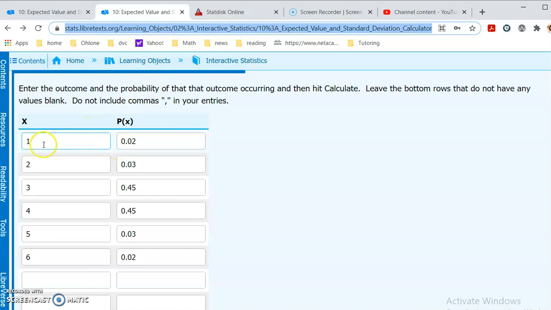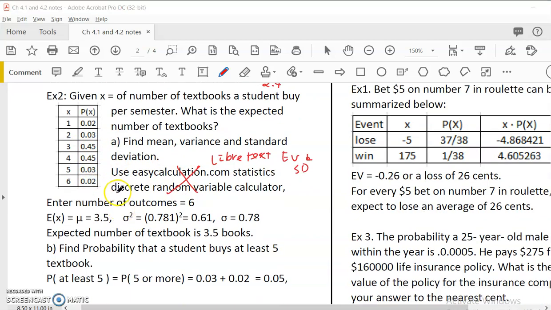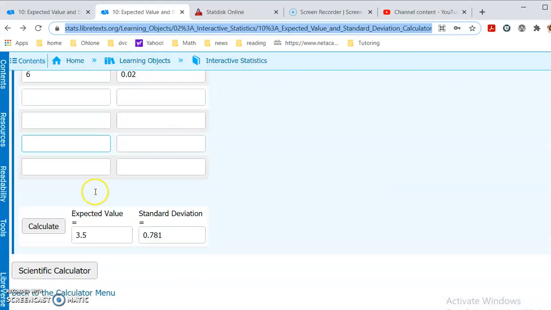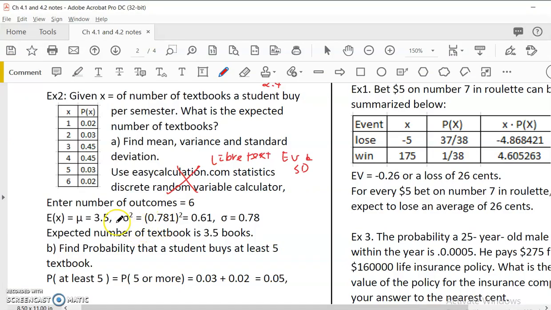Buying 1 textbook is 2%, buying 2 textbooks is 3%, and so on. You just enter them and press calculate. The expected value is 3.5 and the standard deviation is 0.781. The variance is 0.61, and the actual standard deviation is 0.78.